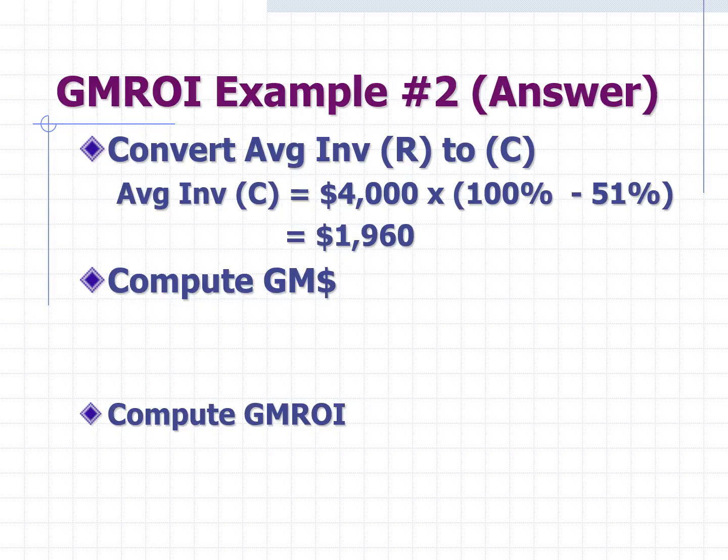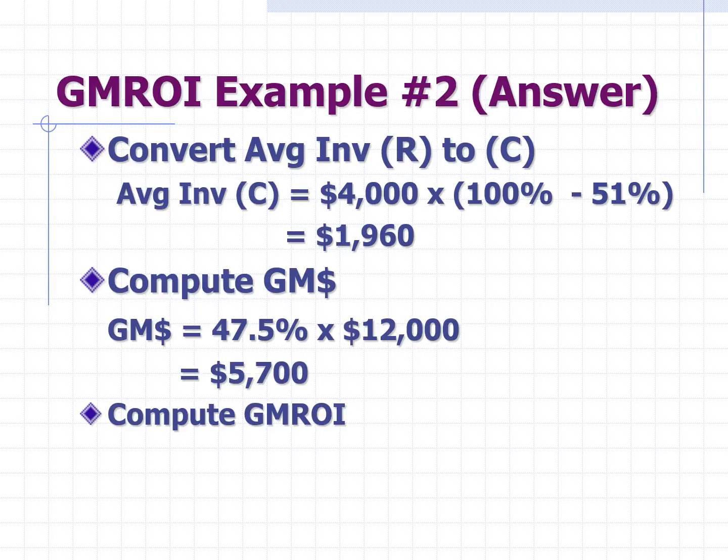So we got the average inventory at cost value of $1,960. Then we calculated gross margin dollar by multiplying gross margin percent by the net sales dollar, right? So $12,000 net sales times 47.5% gross margin gave us a gross margin dollar of $5,700.